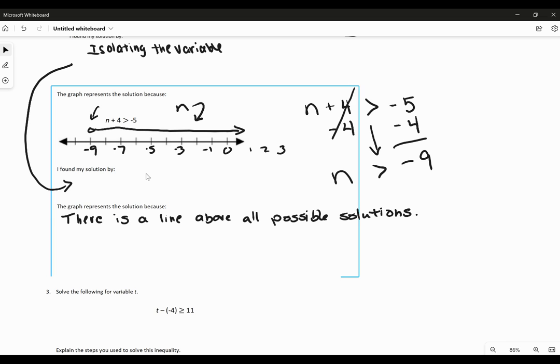It's approaching negative 9, but not touching negative 9. Negative 9.00001 is fine. Or negative 8.99999. Not the other way. Forgot how negative numbers work for a second.